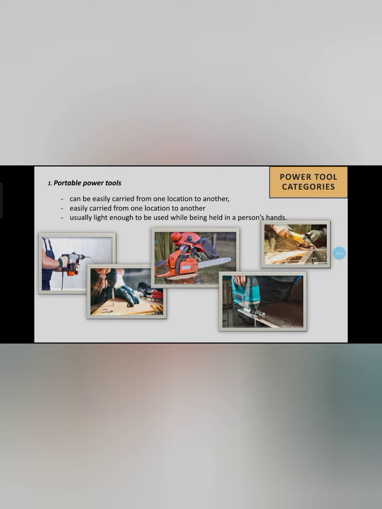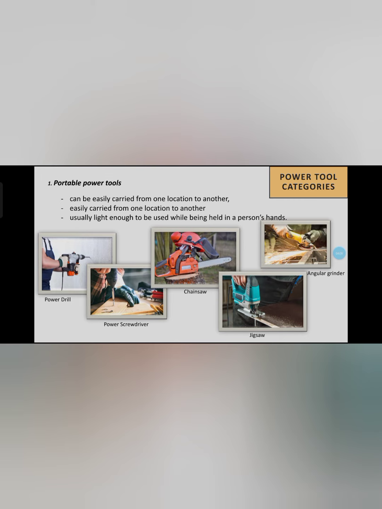So, madali, pwede mo siyang dalhin kahit saan-saan. So, ano-ano ba ito? Ito yung mga power drill, power screwdriver, chainsaw, jigsaw, and angular grinder. So, isa lang ito sa mga power tool list na mini-mention ko.